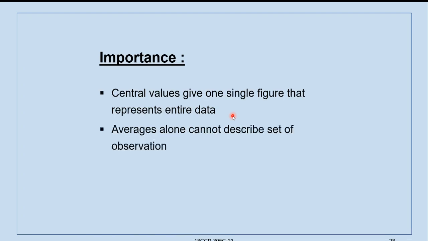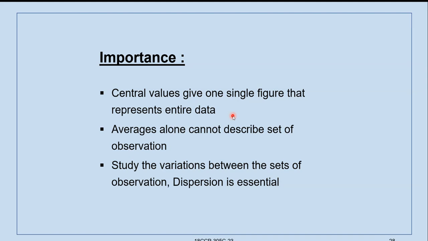That is the meaning. The importance of measures of central tendency, measures of dispersion. Central values give one figure that represents entire data. This we have seen in the averages also. The central tendency gives one value which will represent all the values, all the data which is given. Averages alone cannot describe.